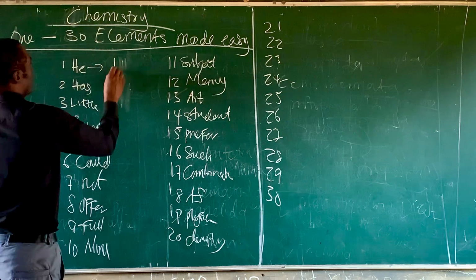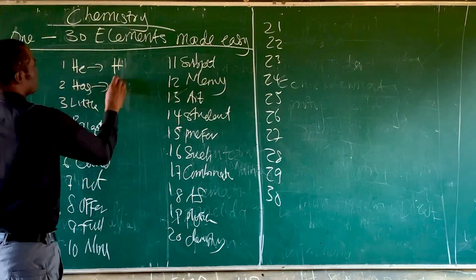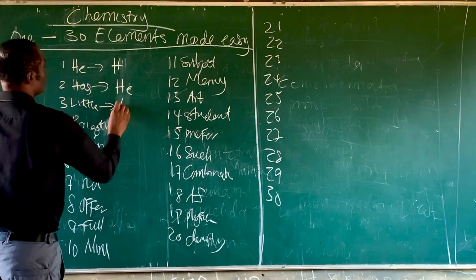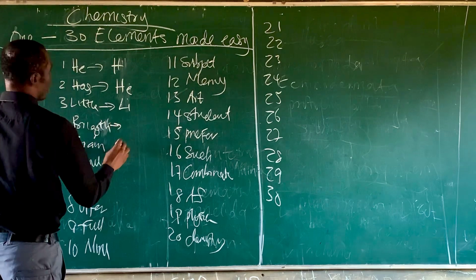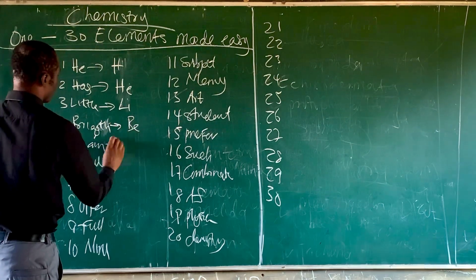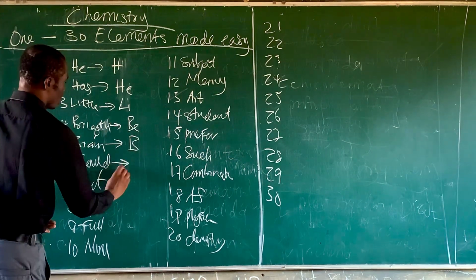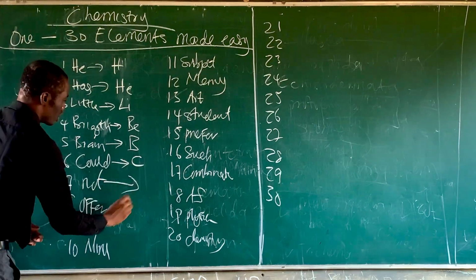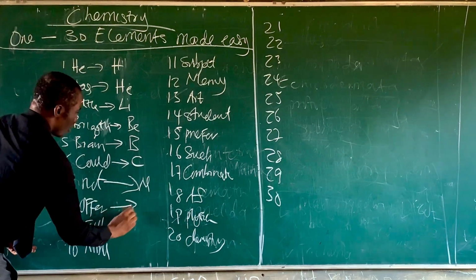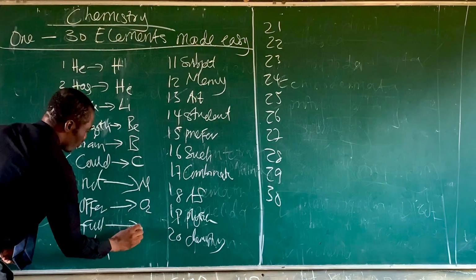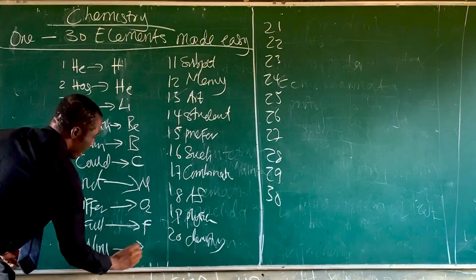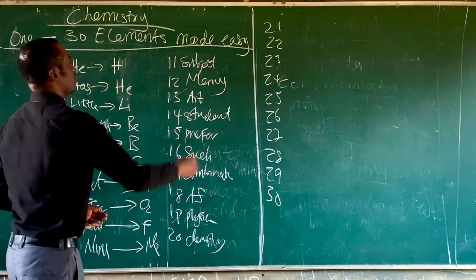Now, he is hydrogen, has is helium, little is lithium, bright is beryllium, brain is boron, could is carbon, not is nitrogen, offer is oxygen, full is fluorine, 9 is neon.